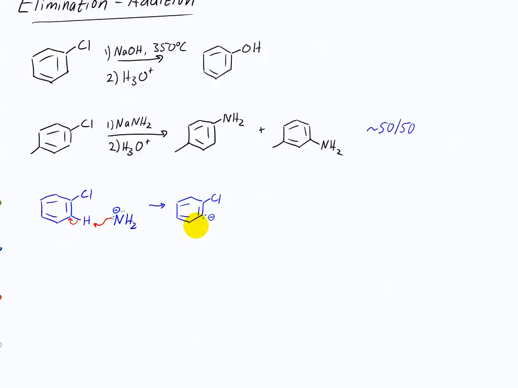And then, something even weirder is happening. We're doing an elimination leading to a triple bond in benzene. And this is known as benzyne.